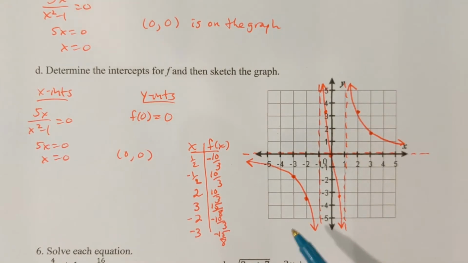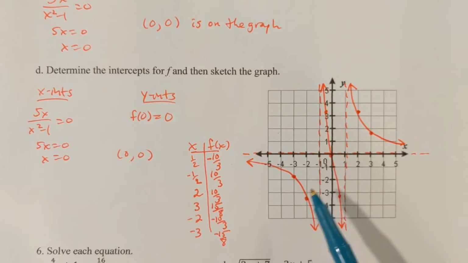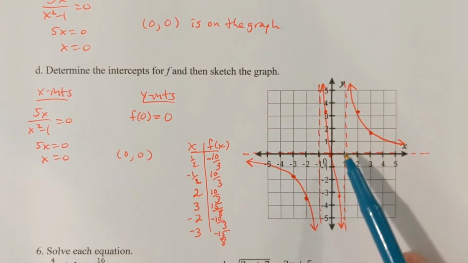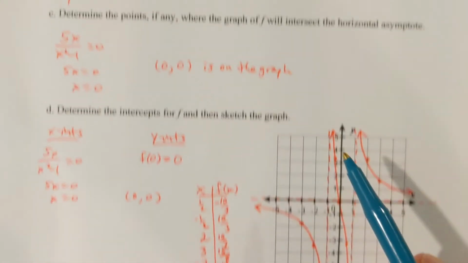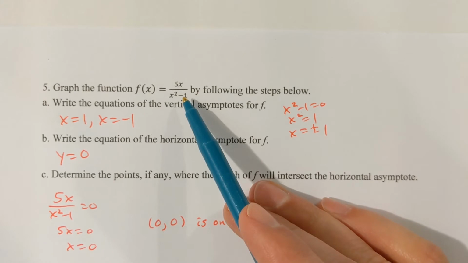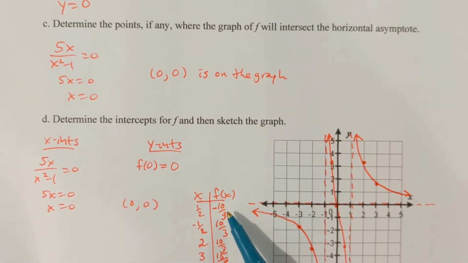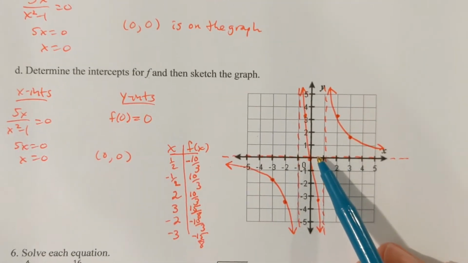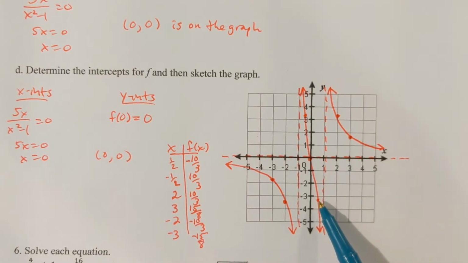Once you have a few points in an area, you should kind of know what's going on in that area. If we get the middle section set first, of course I know (0, 0) is on the graph. If x is 1/2 and you plug that into the function, I was getting negative 10/3 when you simplify. So here's 1/2, negative 3 1/3, that'd be about right there.